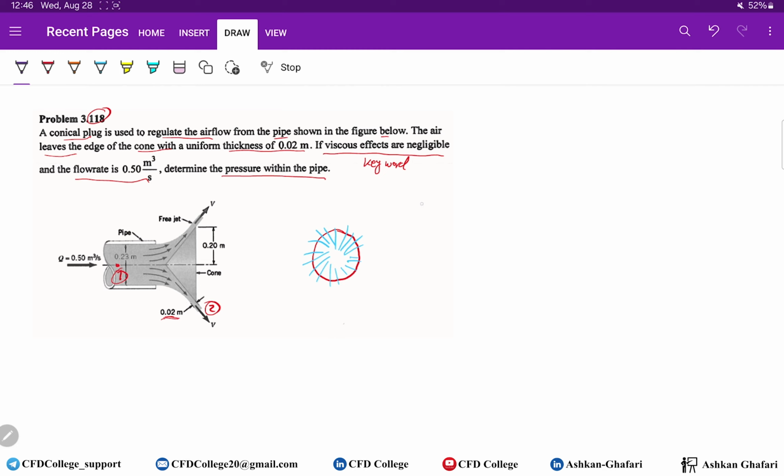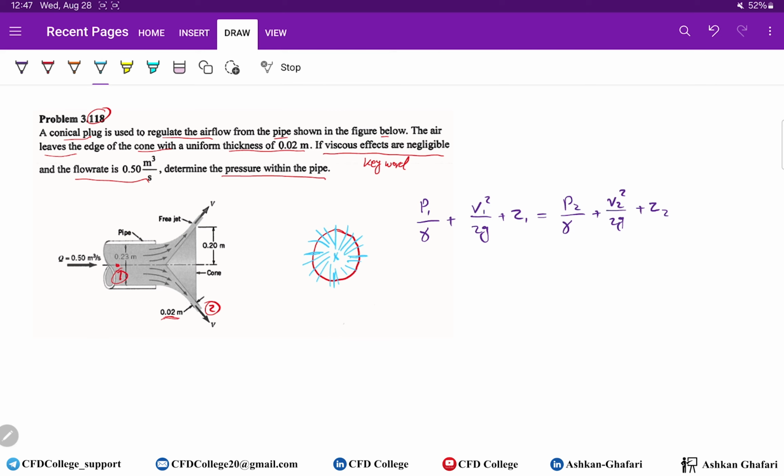Let's write down the Bernoulli equation between point 1 and point 2. P1 over gamma plus V1 squared over 2g plus Z1 equals P2 over gamma plus V2 squared over 2g plus Z2. Okay, what do we know? Here we have an exit, and it's a whole circle. If we want to consider an elevation for this exit, we should use the middle, because we have an exit here, here, here, here.